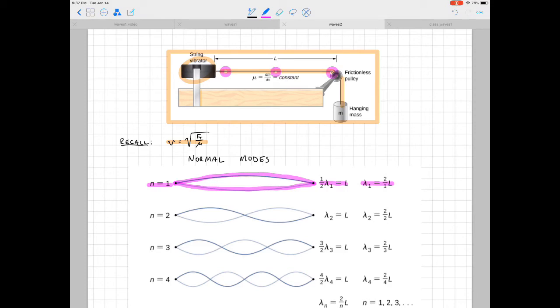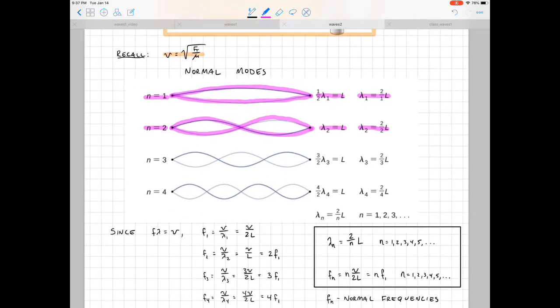Right, so this would be the n equals 2 standing wave. And you can see that the wave will undergo one full oscillation in a distance L, and then will complete another full oscillation on the way back. So here, the wavelength has to be equal to the length of the rope. And so, again, we can rewrite that as lambda 2 equals 2L over 2.